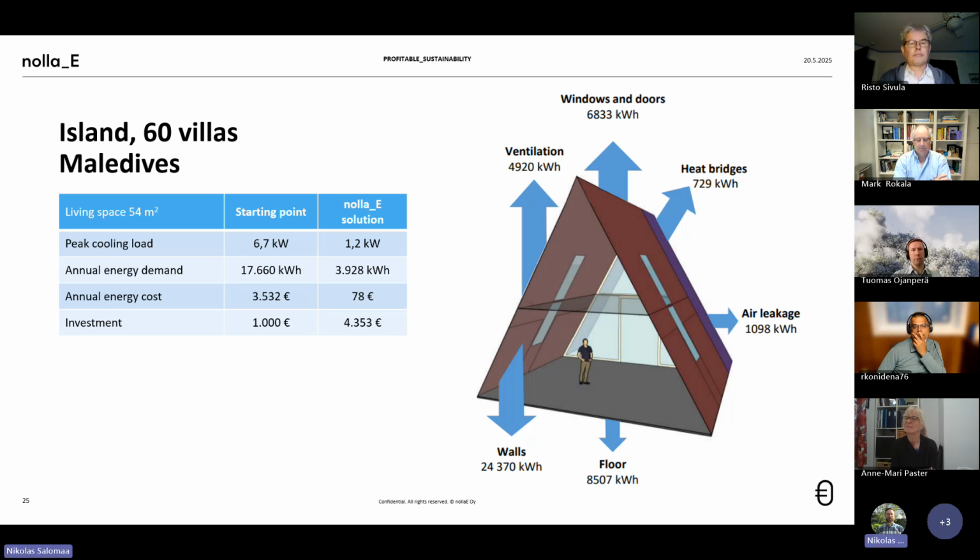And after making these villas energy efficient, there was a totally different type of consumption, even such that you don't need to have diesel anymore, because diesel you only need if you use a lot of energy.